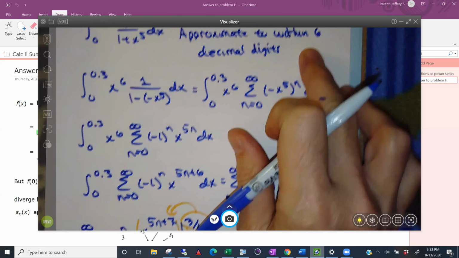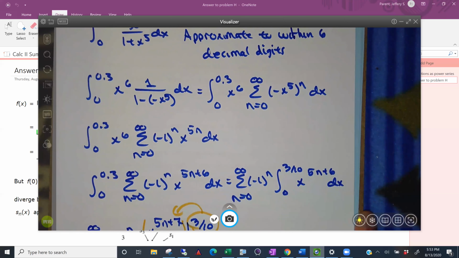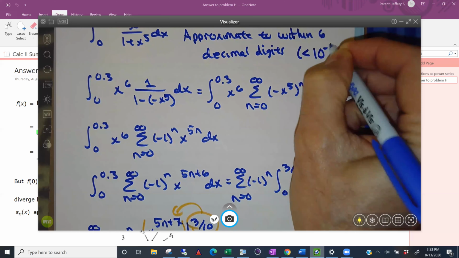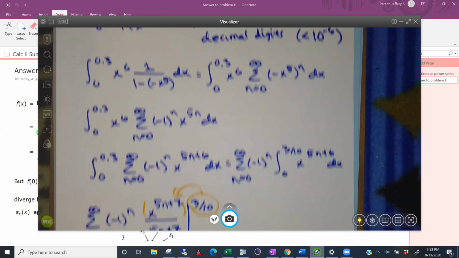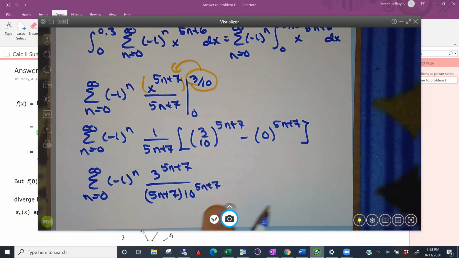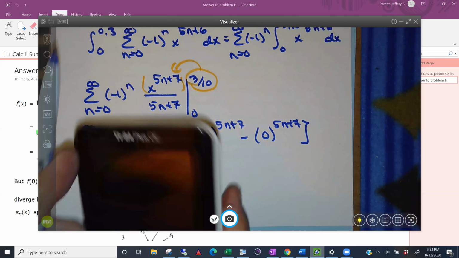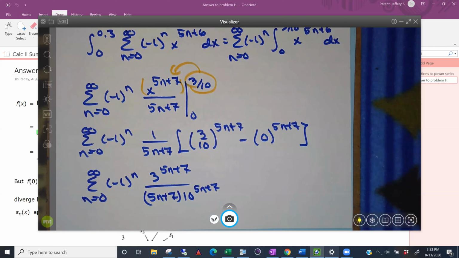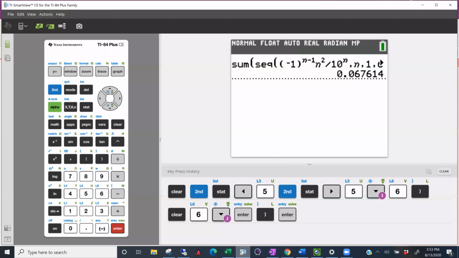So something less than 1 times 10 to the -6th. Probably the easiest thing to do, rather than try and solve for that, is just do it by trial and error. Let me do it up here on the calculator.